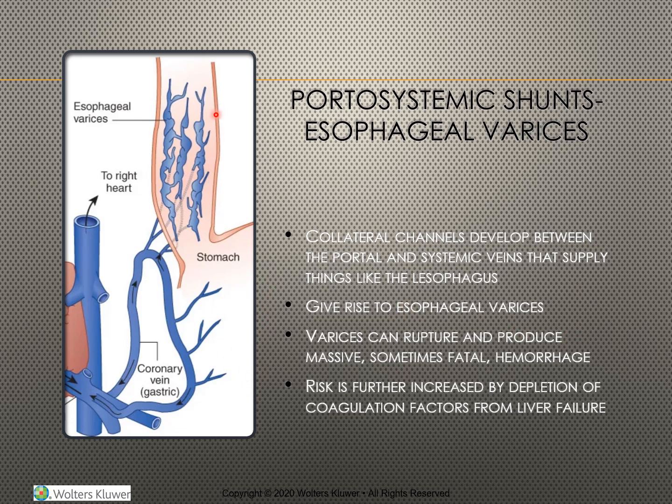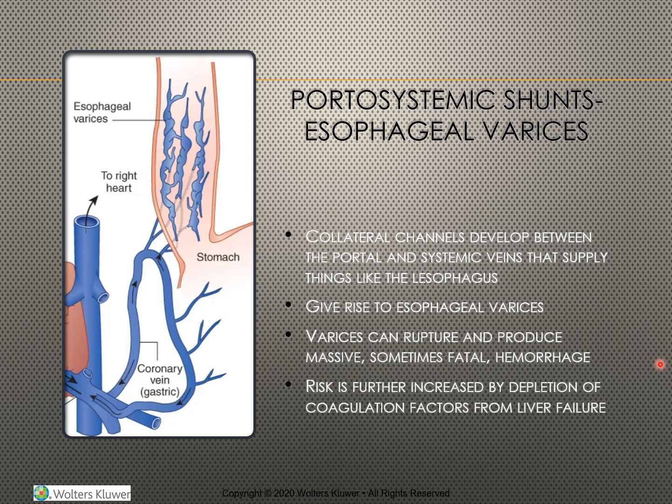And this is further complicated by the fact that patients in liver failure often have a depletion of coagulation factors. So they bleed much more quickly and more readily, and really cannot clot effectively. So variceal hemorrhaging, or the hemorrhaging of esophageal varices, is probably the most devastating portal hypertension related complication that we see in patients with cirrhosis.